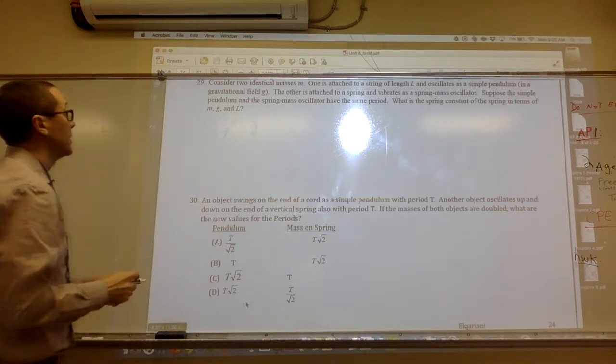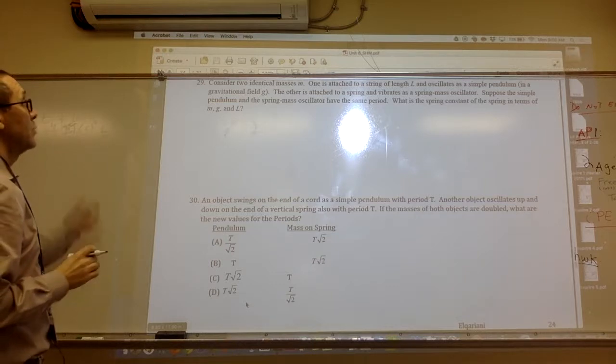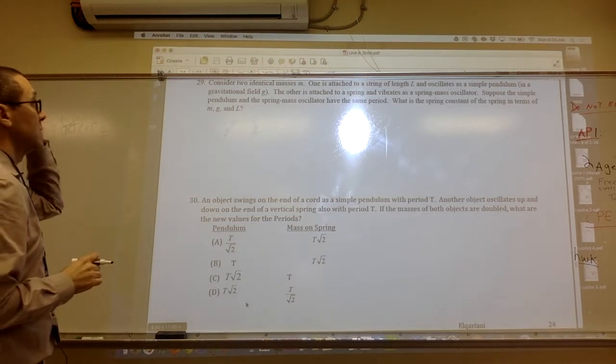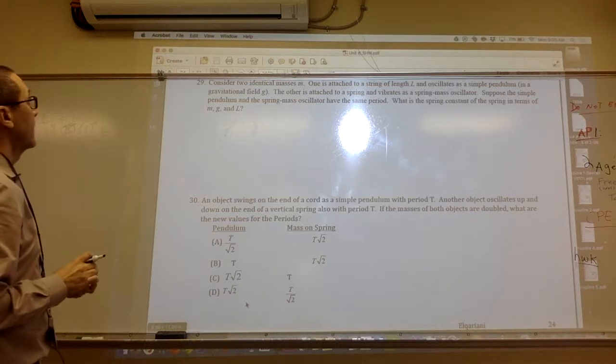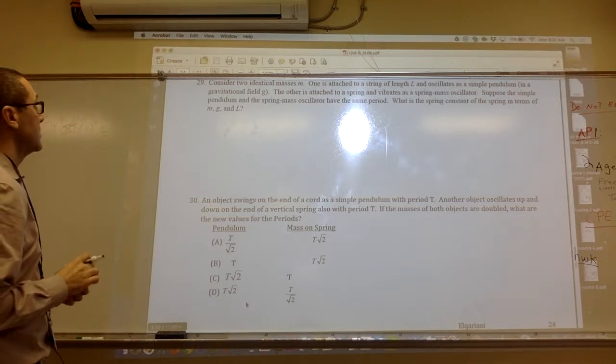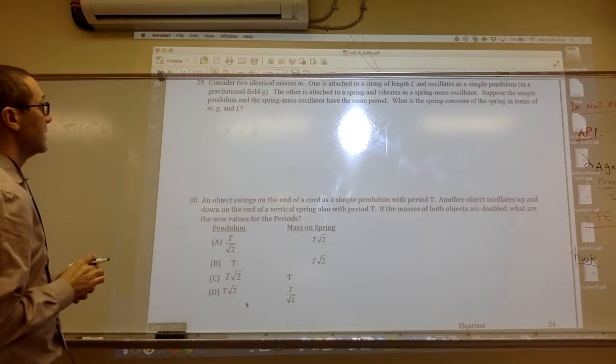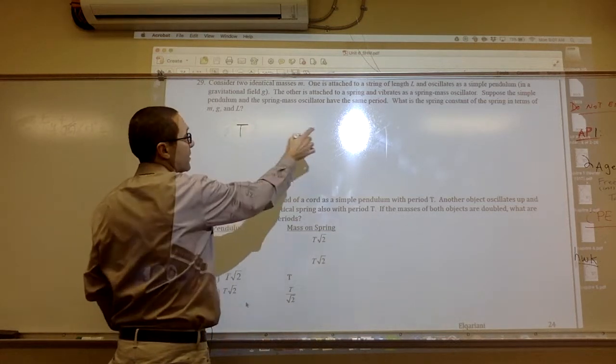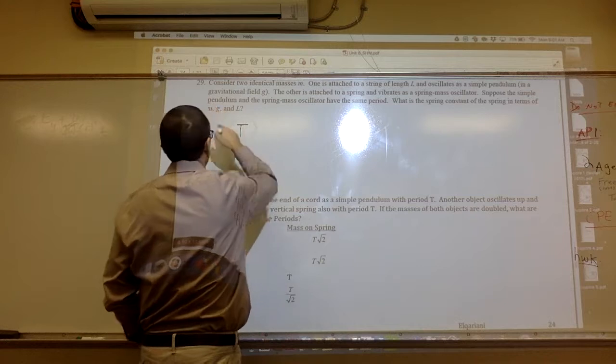Number 29. Consider two identical masses, M. One is attached to a string of length L and oscillates as a simple pendulum. The other is attached to a spring and vibrates as a spring mass oscillator. Suppose the simple pendulum and the spring mass oscillator have the same period. We're going to find the spring constant in terms of these quantities.